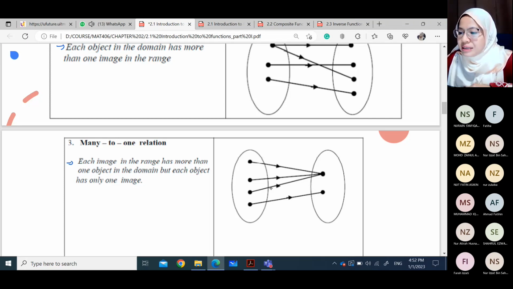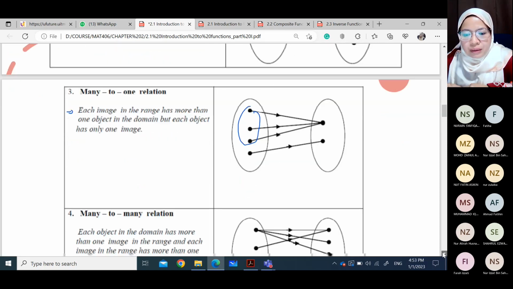As you can see in this diagram, we have 3 objects and it mapping to one image. So for this kind of relation, we call it a many-to-one relation.